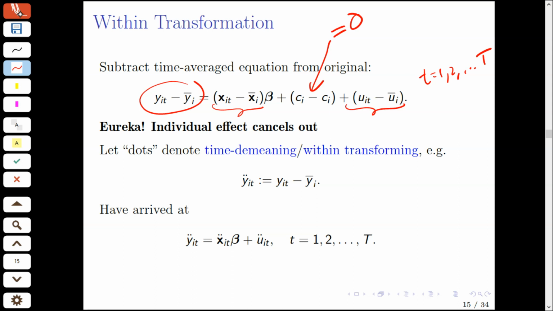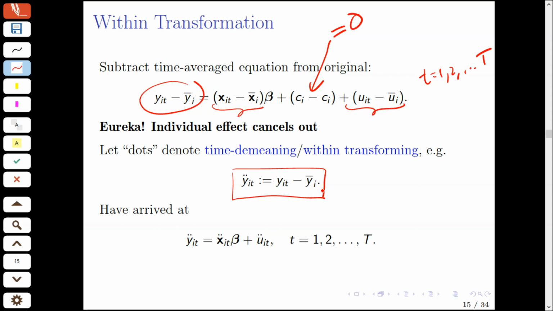Now, let us introduce an additional piece of notation in order to write this expression in a more convenient form. Let dots or double dots denote a time demeaned variable, that is, a variable where we've subtracted the time average. Let's talk about the outcome variable in detail here.